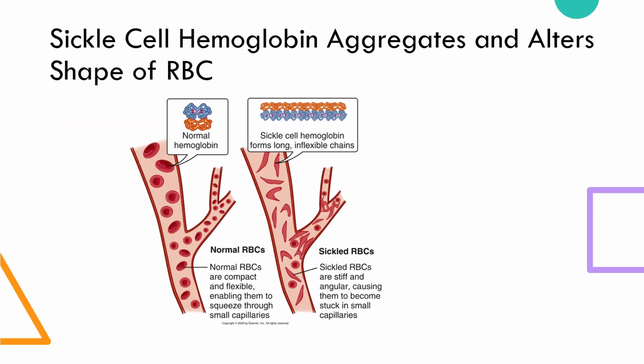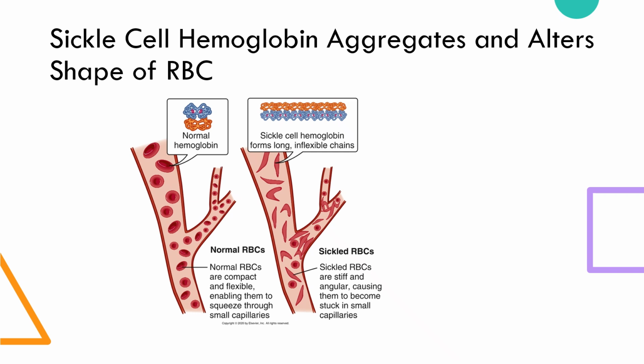I think this image gives you a pretty good indication of what the differences look like. You can see the normal hemoglobin on the left, and on the right, you can see the sickle cell hemoglobin that forms these long chains. They become rigid and take on this elongated crescent shape. They cannot easily pass through the capillaries or other small vessels, and they can cause vascular occlusions, leading to acute or chronic tissue injury.